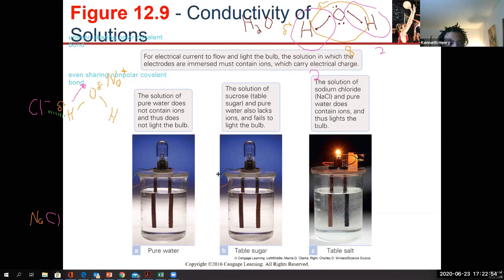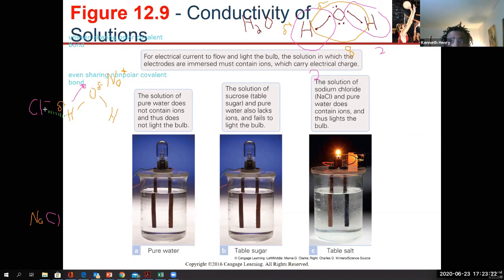Since it's polar, it goes both ways. Water swings both ways. It interacts with both the positive and the negative, and it separates the two. So the oxygen will interact with the sodium, and the hydrogen will interact with the chlorine, keeping them separated. That's why water dissolves.